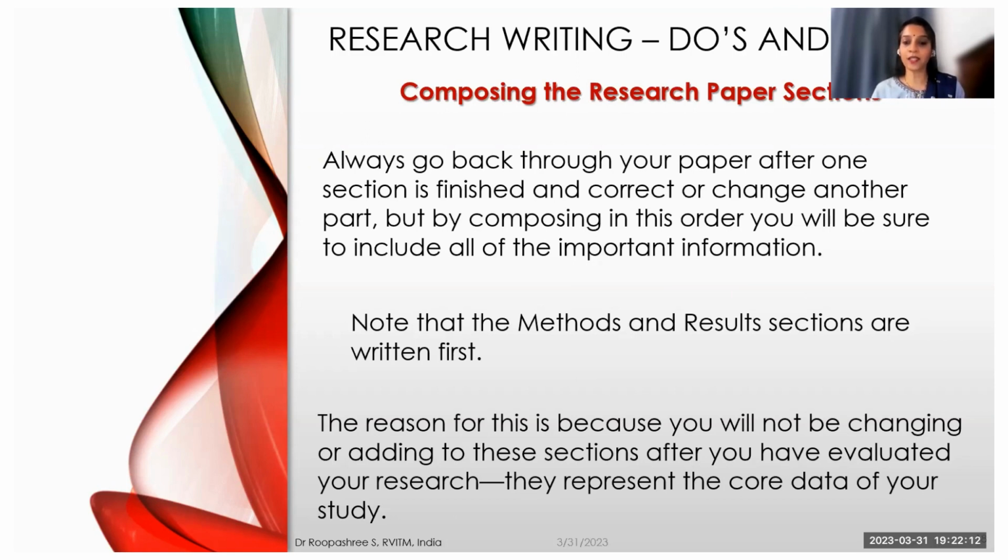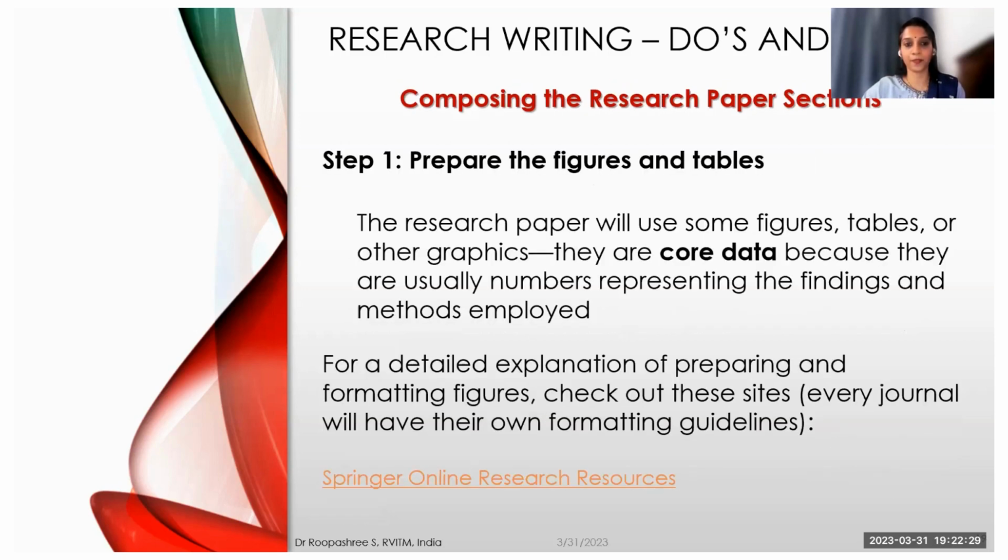Always note that the method and results sections are written first, as I mentioned before. The reason is that you will not be changing or adding to these sections after you have evaluated your research. They represent the core data of the study.